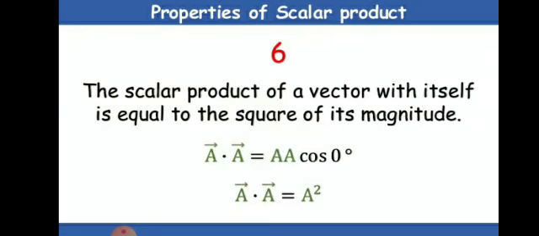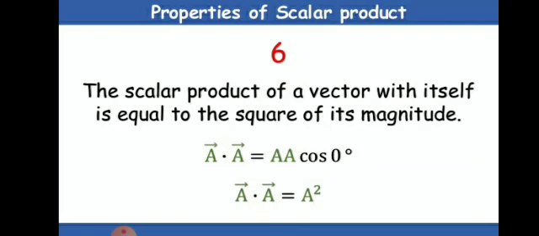The sixth property of scalar product: the scalar product of a vector with itself is equal to the square of its magnitude.